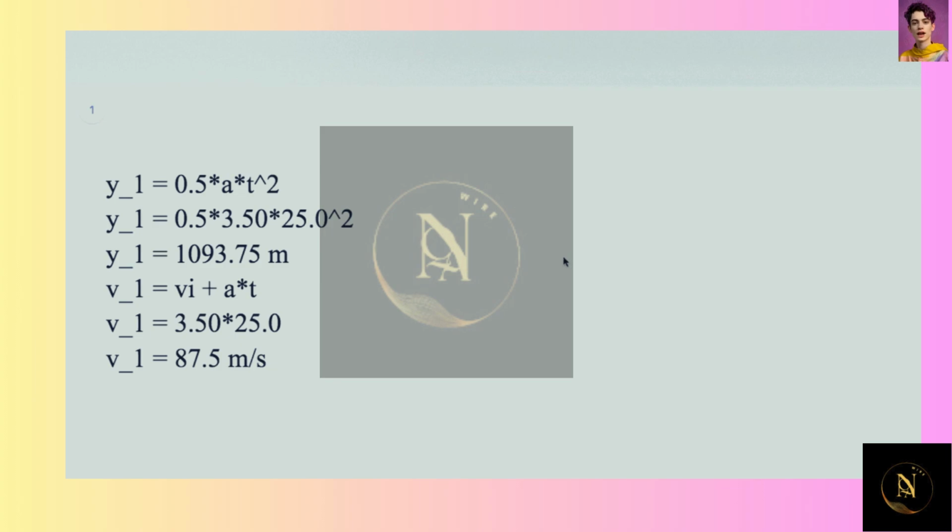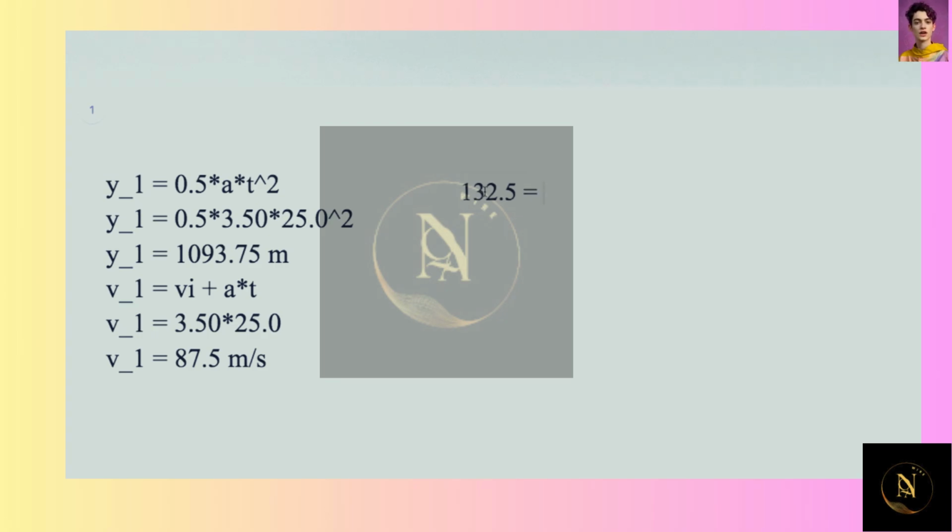So now let's find the acceleration during the second stage. In this case, we're actually given the final velocity after the second stage, and we know that the final velocity is 132.5 meters per second.